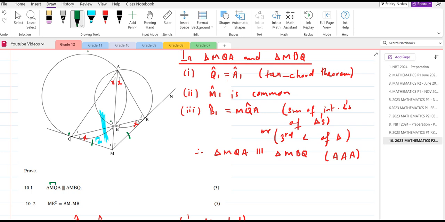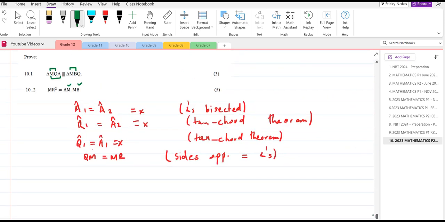You can say QM over MB, because we need MB and we need AM. So AM over MQ. So we're going to say QM over MB equals AM over MQ.